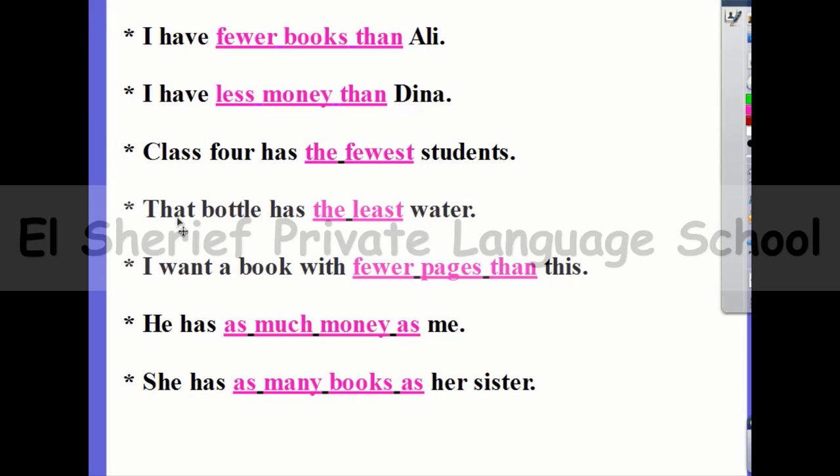Number 4, that bottle has the least water. I want a book with fewer pages than this. And he has as much money as me if the two subjects are equal. The last one, she has as many books as her sister.